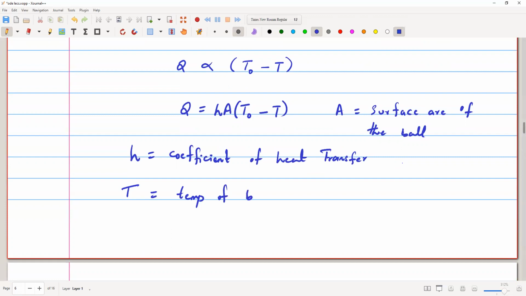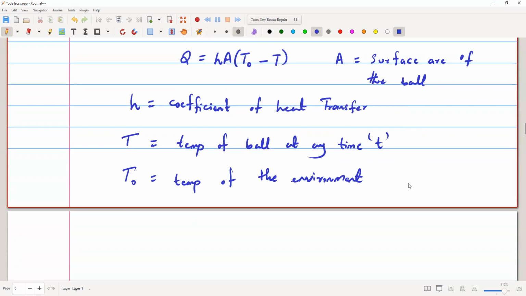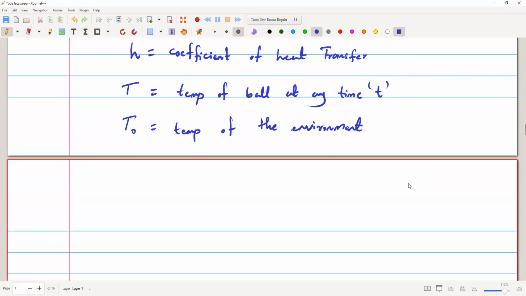Not the initial temperature, the initial temperature is another thing. And T naught is the temperature of the environment, or we can say it's the ambient temperature, or the room temperature, or whatever, right?